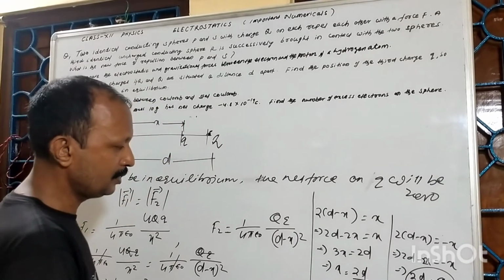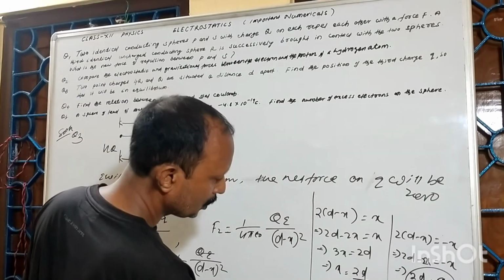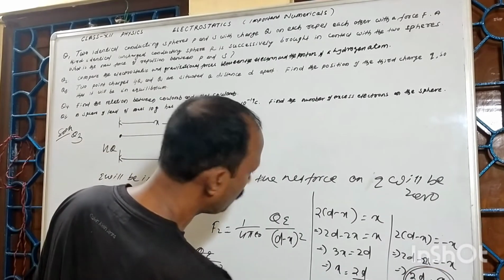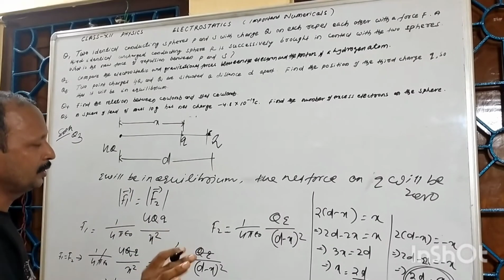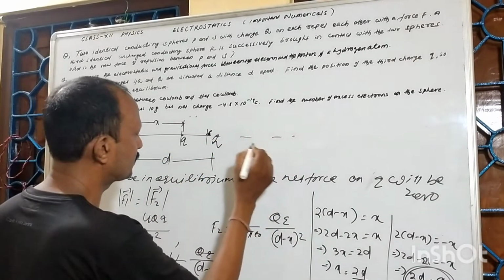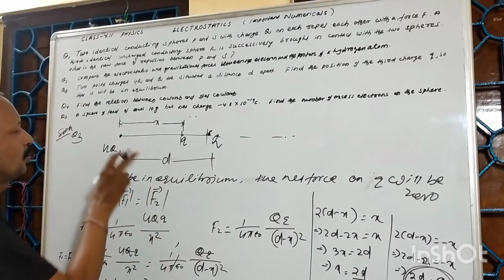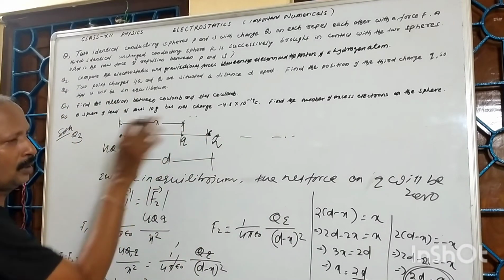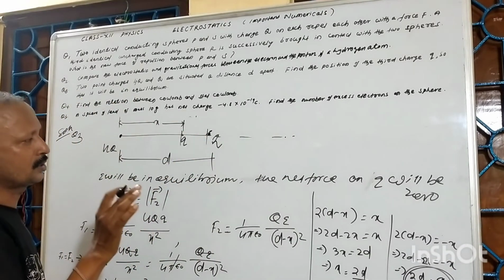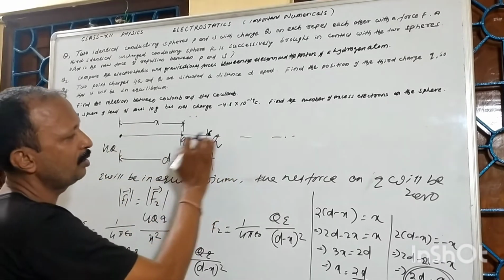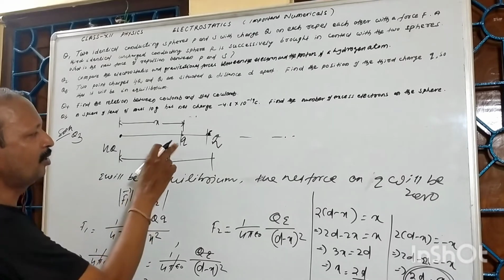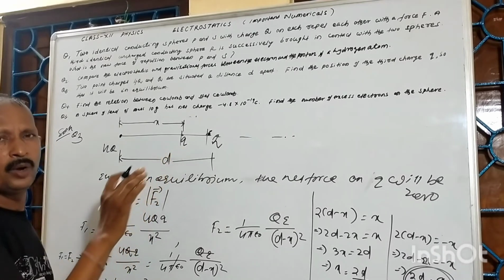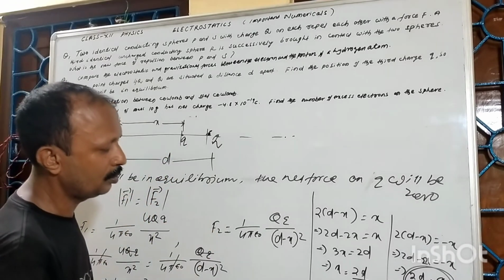But in this case, x equal to 2d will not be acceptable. Why? If it is 2d, both are the same charges, so their force direction will be in one direction, and the net force acting on Q will not be equal to 0.